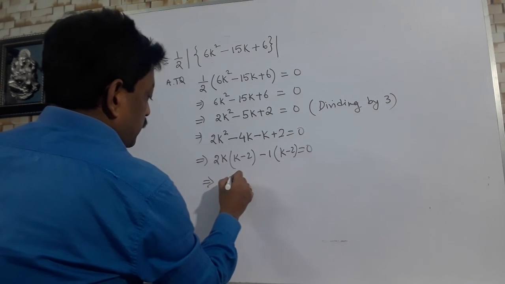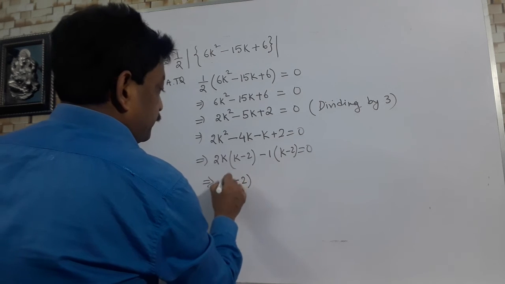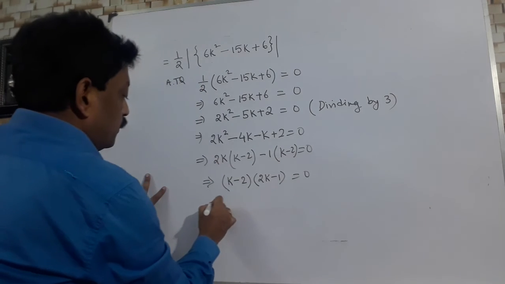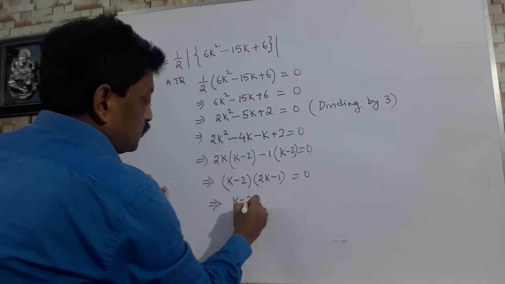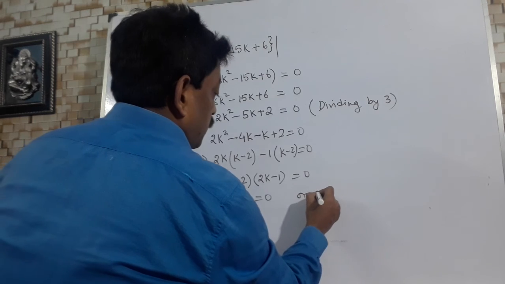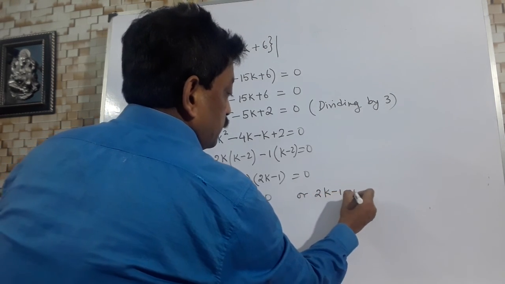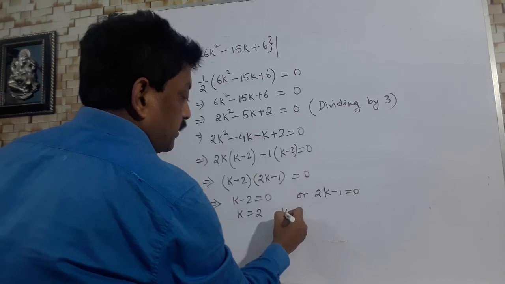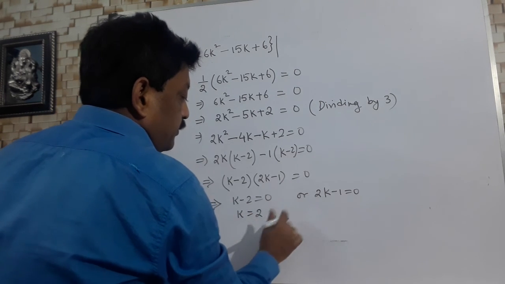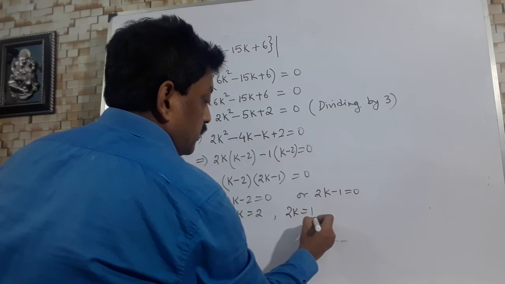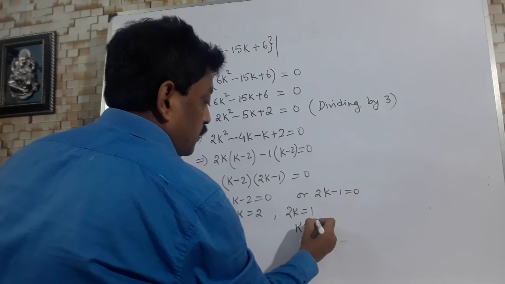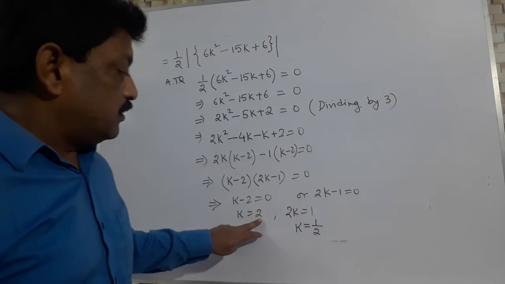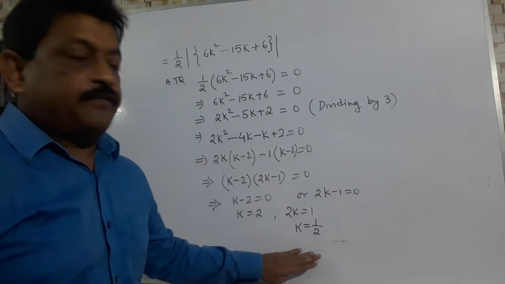Therefore k minus 2 and 2k minus 1 equals 0, or we can write k minus 2 equals 0, 2k minus 1 equals 0. So k equals 2 and 2k equals 1, that is k equals 1 upon 2. Therefore the required value of k is 2 and also half. So these are the two values.